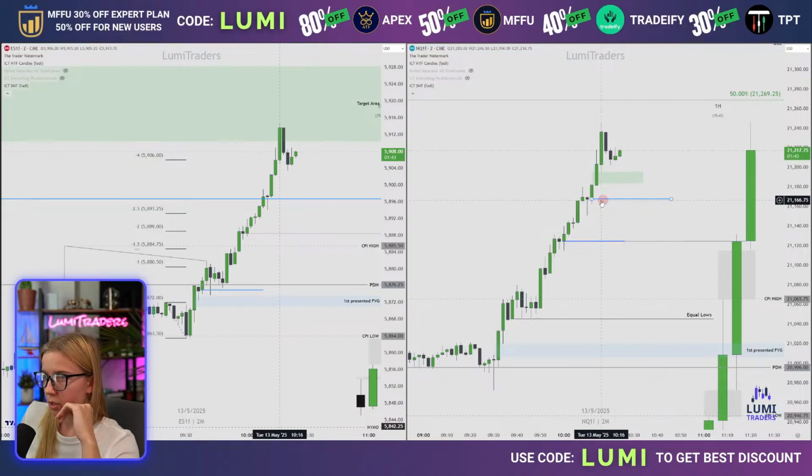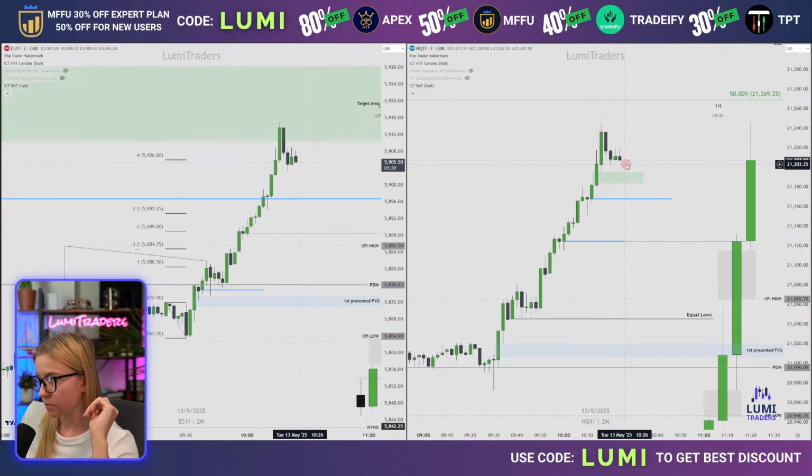Yes. So waiting for order block. So current order block is going to be probably these 3 up close candles. We don't have break of structure yet, by the way, if you're looking for this.